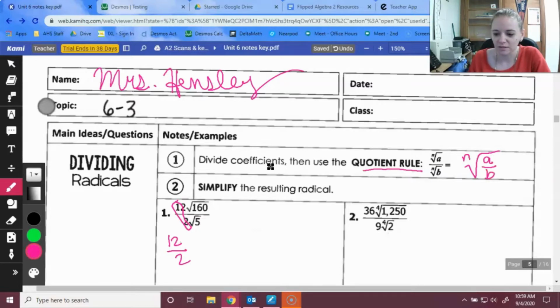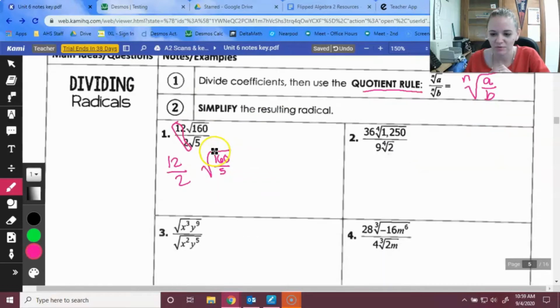So that means in number one, they are both square roots, so we can go ahead and put them under one big square root and make that fraction. And then simplify the fraction first before you worry about the square root. That's my best tip. And then, of course, after that, we simplify.